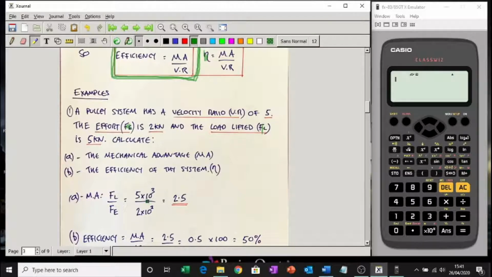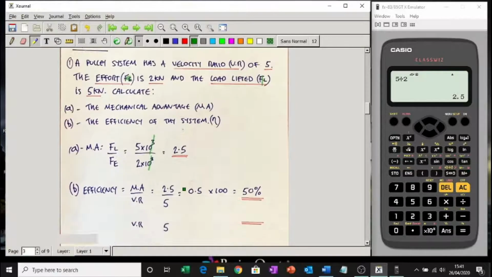We can get rid of the units if we wanted to. So 5 divided by 2, you should need a calculator, but we'll do it anyway. So the mechanical advantage of that is 2.5.